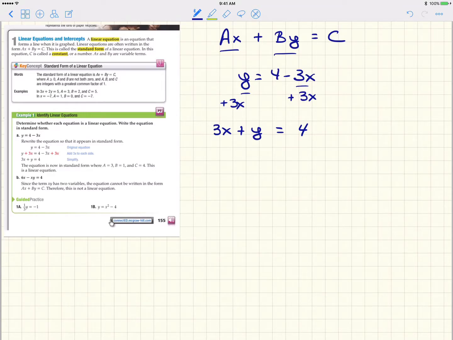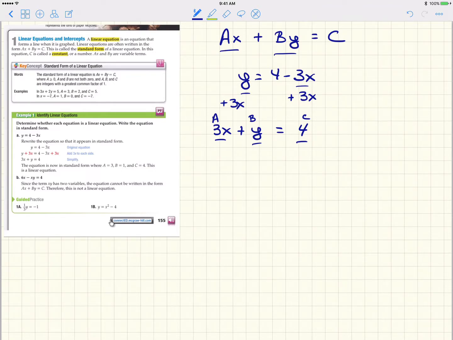So do I have a linear equation? I have something times x, I have a y, and then I have a constant. I do have a linear equation, because the value for a is 3 and the value for c is 4. Do I have a value for b? Yes, I do. Remember that when a variable stands by itself, we can assume that it is being multiplied by 1.